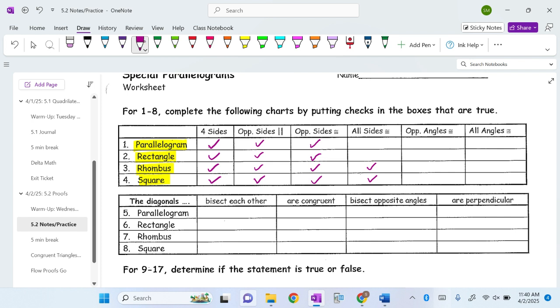What about opposite angles are congruent? What do you guys think? All 4 or some of them? Do you think all 4 have opposite angles that are congruent? Think about it carefully. So thumbs up for yes, thumbs down for no. What do you guys think? Go ahead and put your thumbs up or thumbs down, whatever you think.